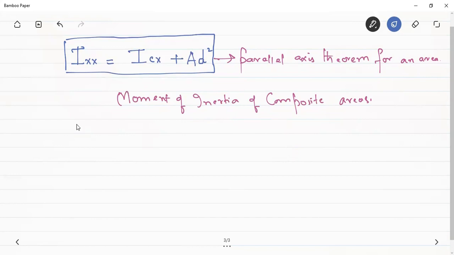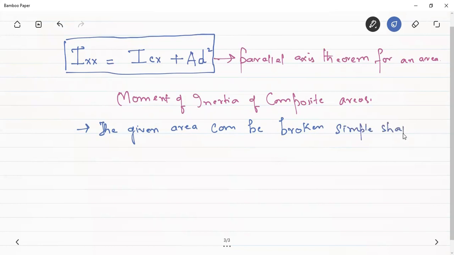Similarly, in this analysis, the given area can be broken into various simple shapes whose moments of inertia are known to us.